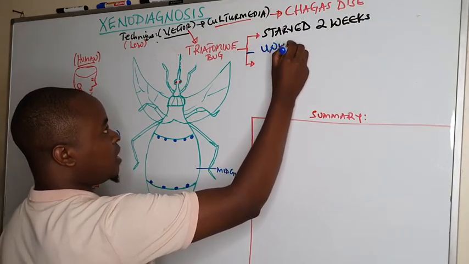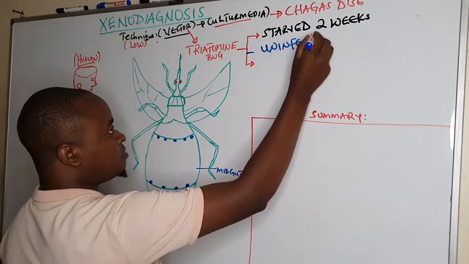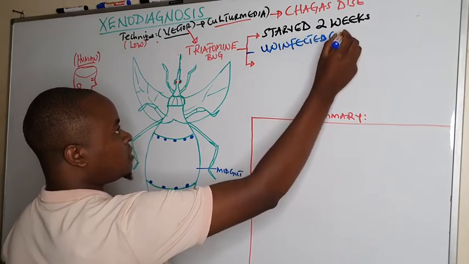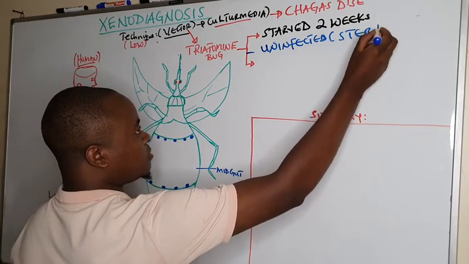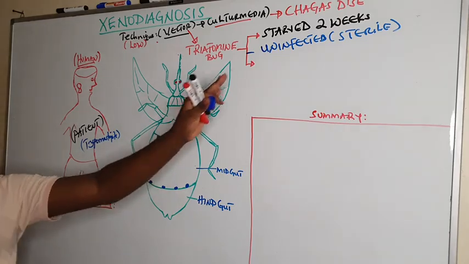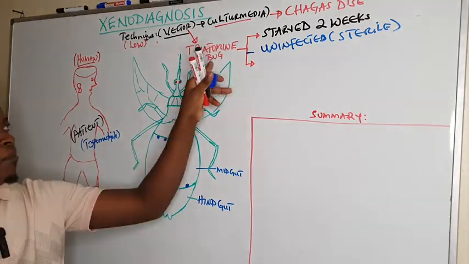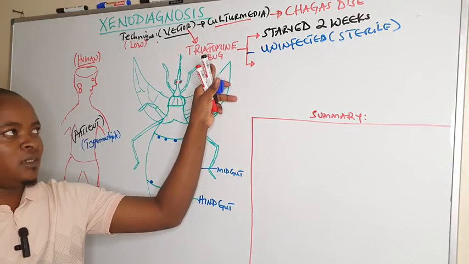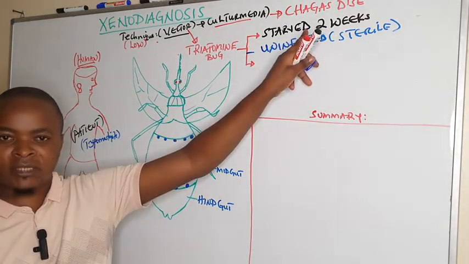It must be sterile, free from these trypomastigotes. So an uninfected laboratory reared triatomine bug is starved for 2 weeks.